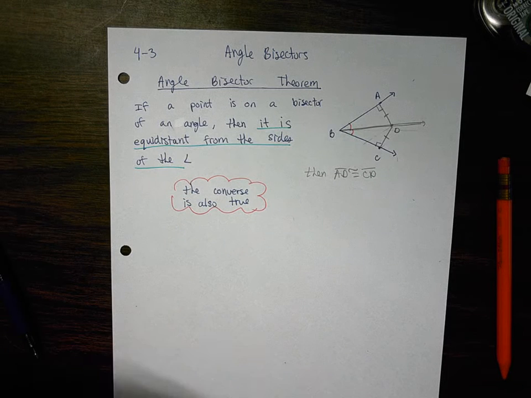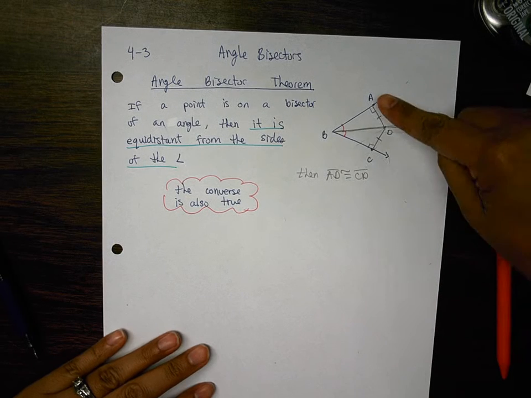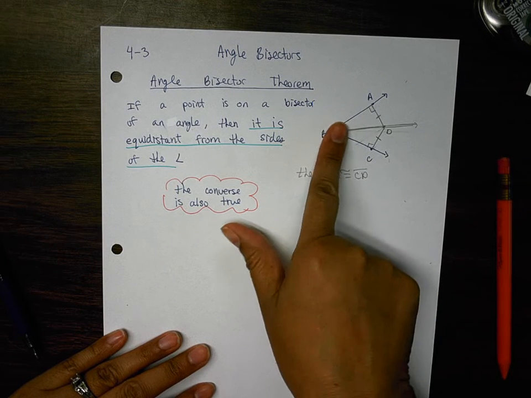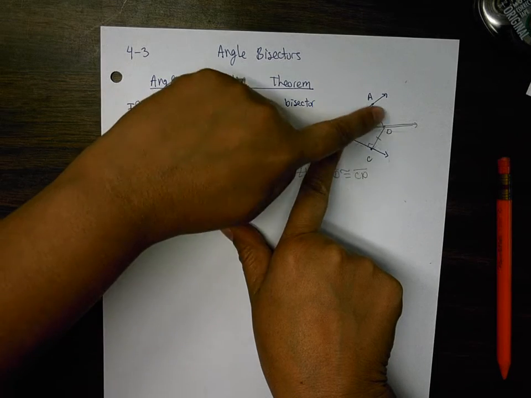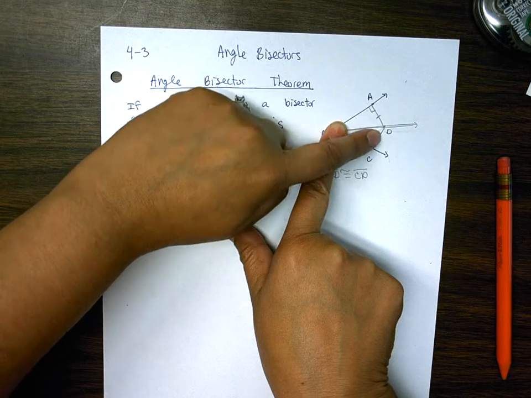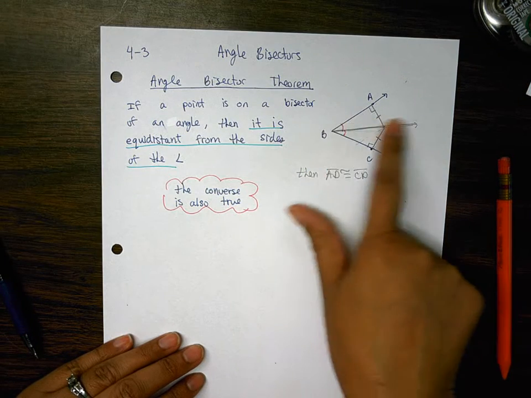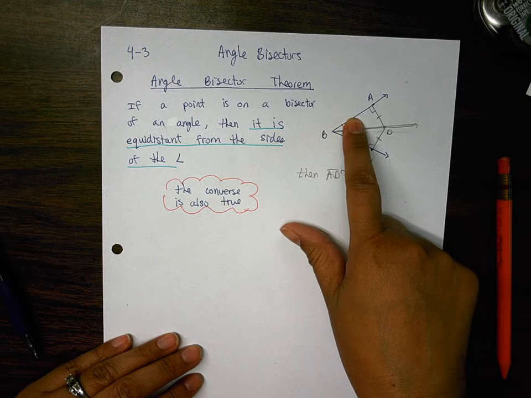What does that mean? I'm going to explain what the converse is. The converse goes backwards. If you have this same picture, but no angle markings, so I'm going to cover them. They didn't give you the angle markings, but they gave you that those two are congruent. If those two angles or those two segments are congruent, what does it mean about this line? It does what to the angles? It bisects. It's an angle bisector.